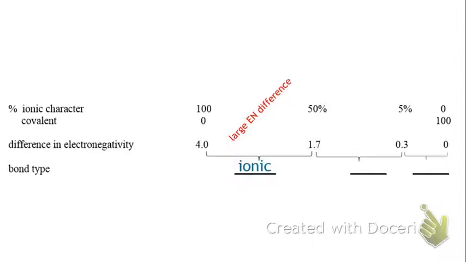What matters is this large electronegativity difference comes from there being a big difference between our elements and their types of elements. So these ionic bonds are going to be happening between a metal and a non-metal. Very different elements, very big electronegativity difference forms that ionic compound.